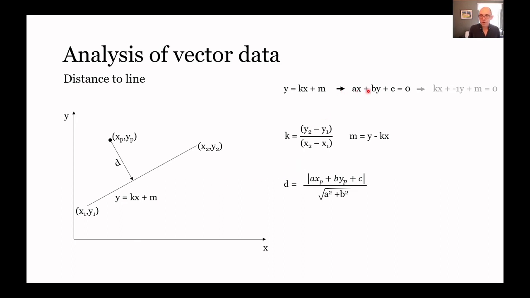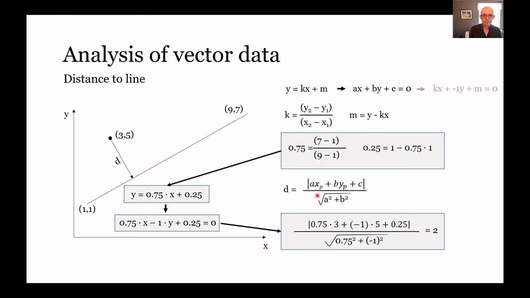So that requires this formulation up here of that point that we're interested in, divided by the square root of a plus b, so these constants there squared. And that gives us d. Alternatively, if we know what d is to be, we can then calculate what these should be. We can turn the equation around.